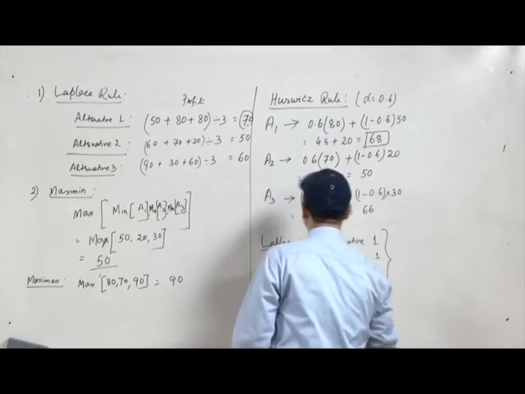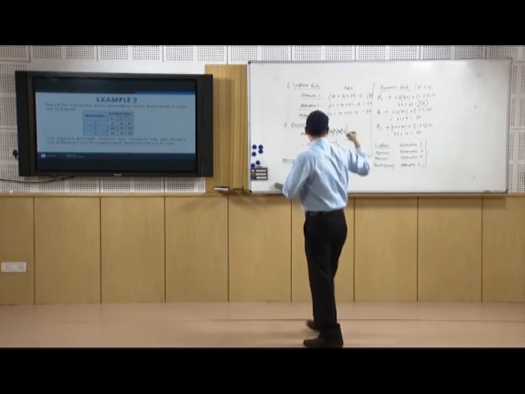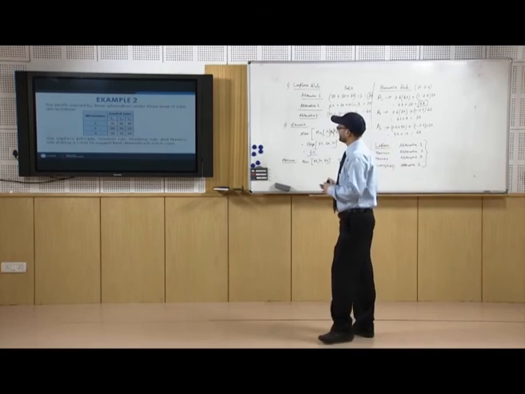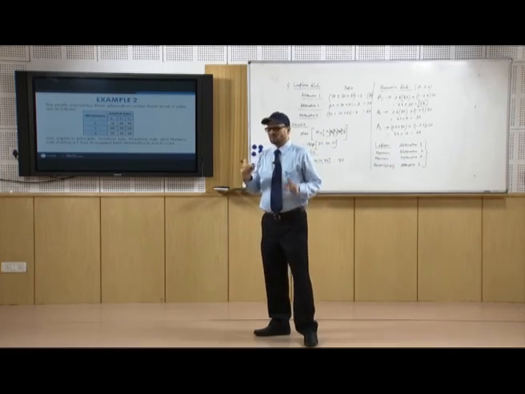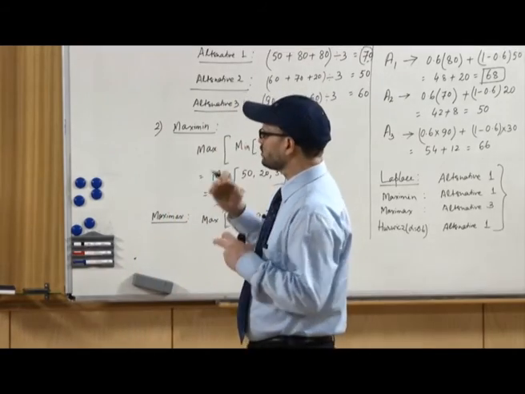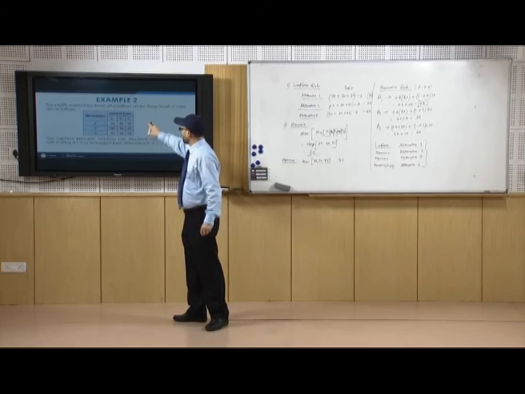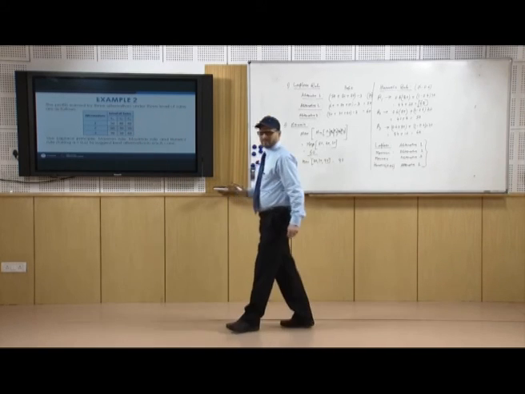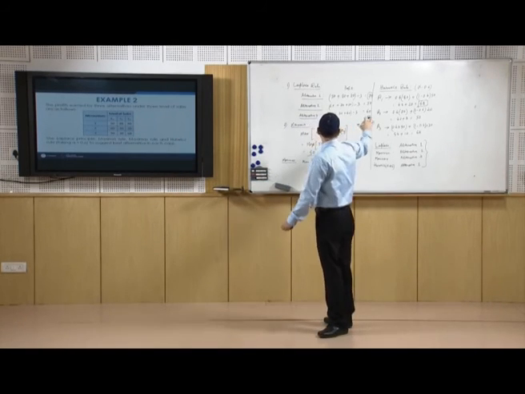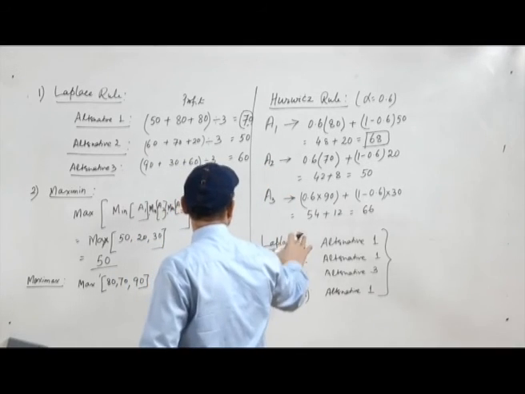So, this is how you come to the conclusion of which alternative should be selected, at least in the cases when the probability levels are not mentioned. There is no certainty, no value of probability being given, and in those cases these are the methods: Laplace, Maximin, Maximax and Hurwitz.